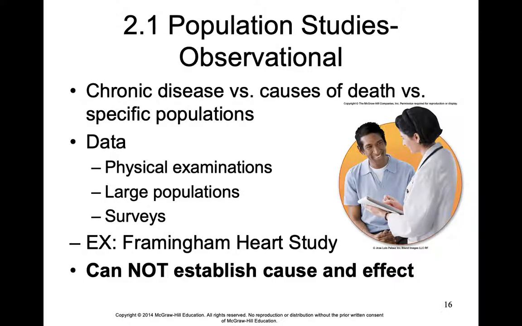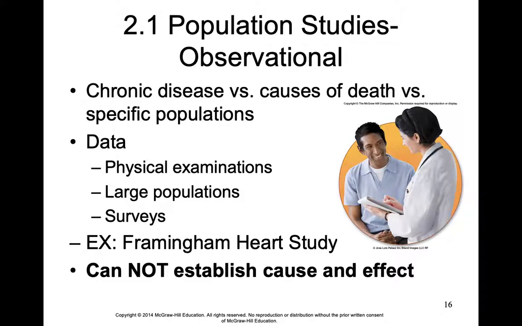And since we can't just change someone's diet in a way that we think is probably harmful to their health, because that would be unethical, population studies are one of the best ways that we have as scientists to figure out what types of food patterns of intake, what types of diet patterns are more risky for health.